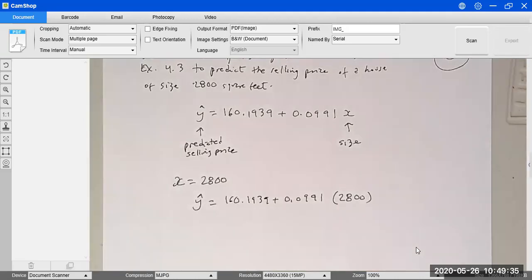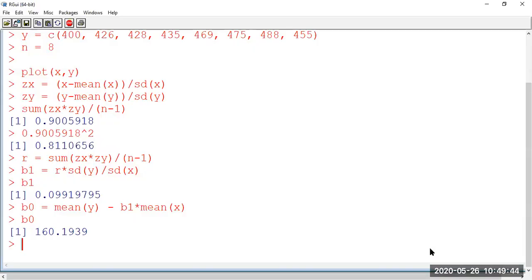So let's go back to R for a minute. Another way to do this is just v0 plus v1 times 2800.